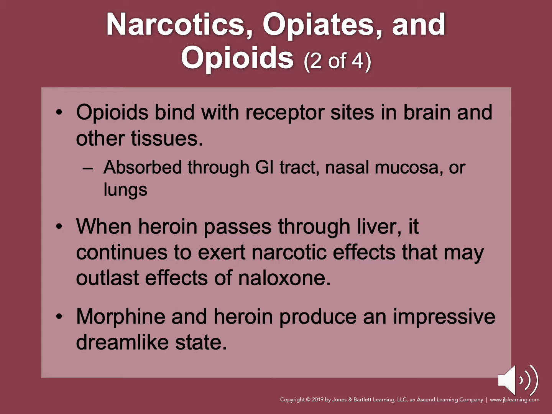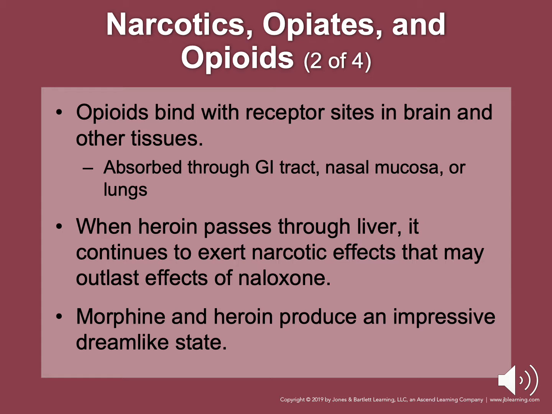So morphine and heroin produce an impressive dream-like state. Nine out of 10 times, these patients are going to be sleepy in nature, in a coma at best, and we'll talk about that some more. It causes euphoria and many different side effects, sleepiness, drowsiness.